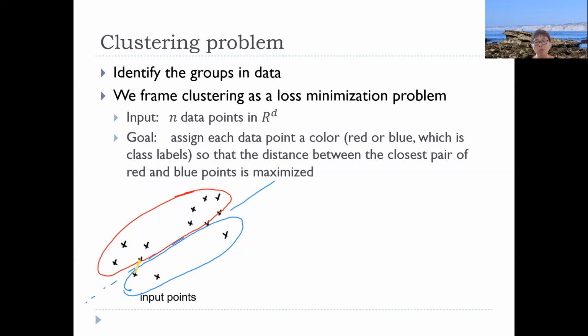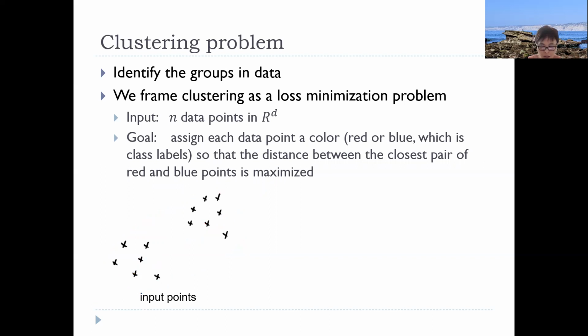So what we want is, given these n points in R^d, to give them class labels so that the distance between points from different clusters is maximized. That's what we want to do. This is a two-cluster example, but in general you may want to find more than two clusters as well. So this is a bad clustering, and this is a good clustering.